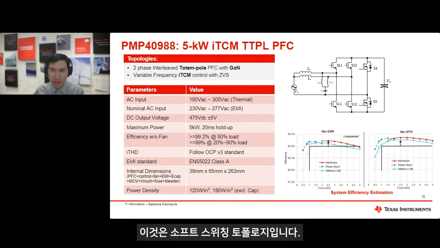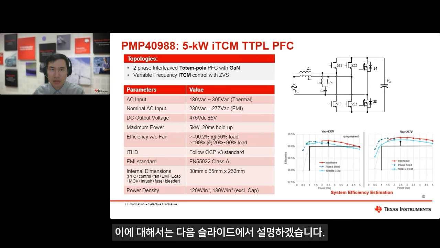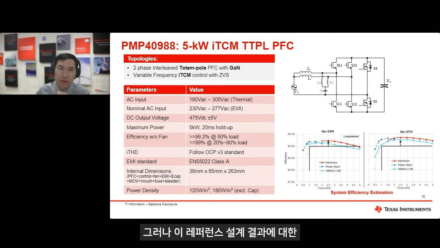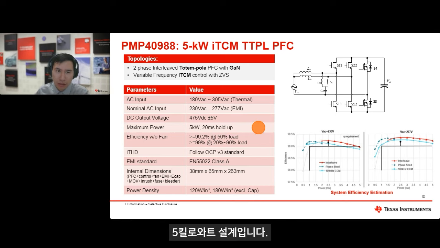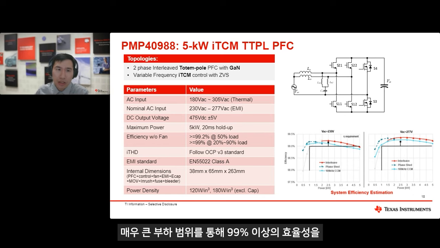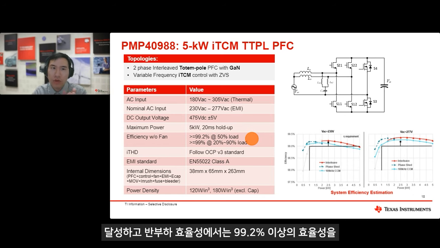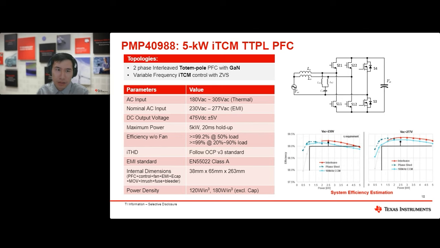It's a soft switching topology. I will talk about it in the next slide, but just a quick overview of this reference design result. You can see this is a 5 kilowatt design with two-phase interleaved ITCM. We can achieve more than 99% efficiency through a very large load range, and more than 99.2% efficiency at half load.